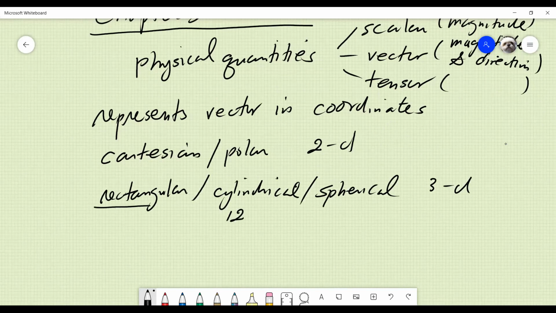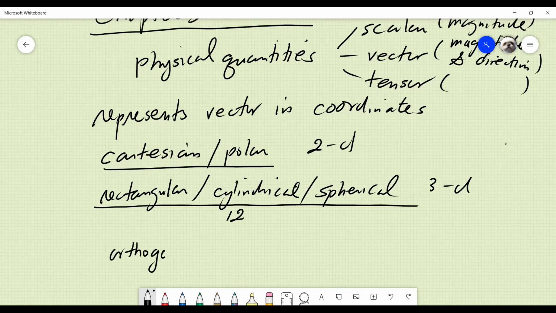Why are they special? Because see, they are all orthogonal to each other. Orthogonal means what? Orthogonal means they are perpendicular to each other.